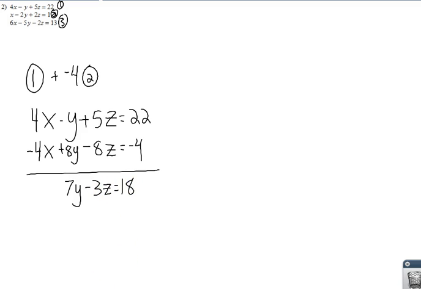Alright, so now that I have this, I need to do it for another set of equations. Let's pick, oh, I don't know, equation 3 plus, well, let's go with negative 6 times equation 2. So, equation 3 here, no big deal.